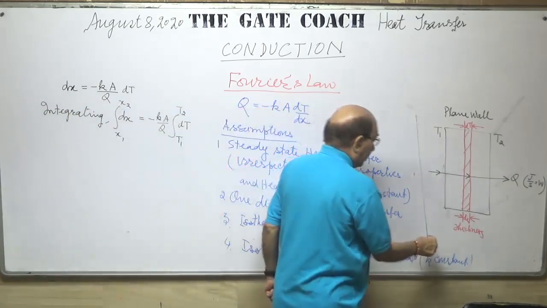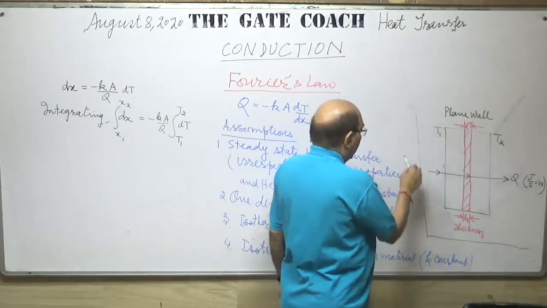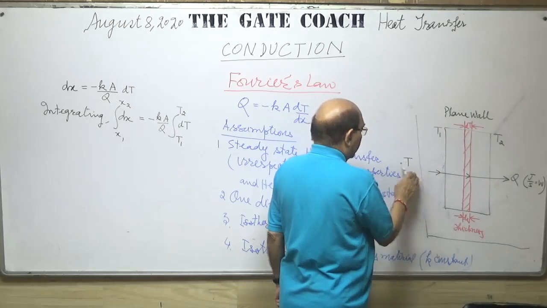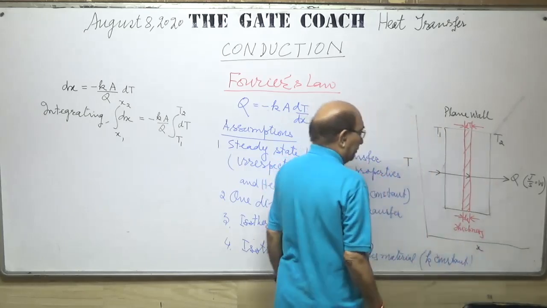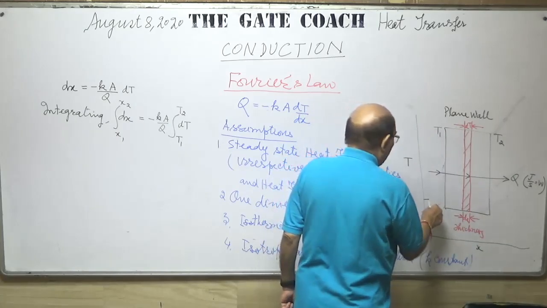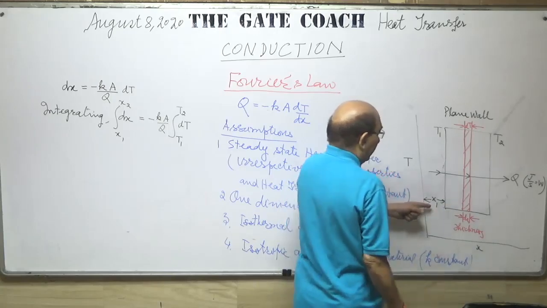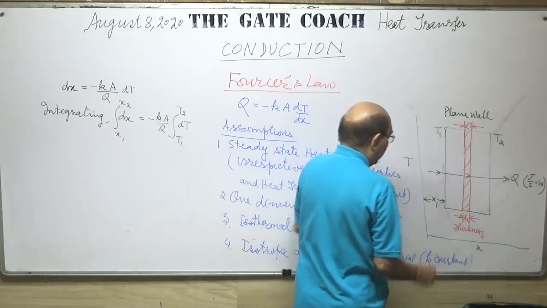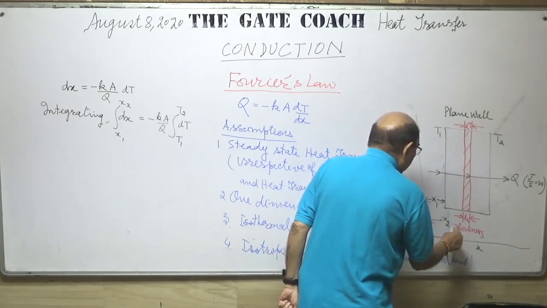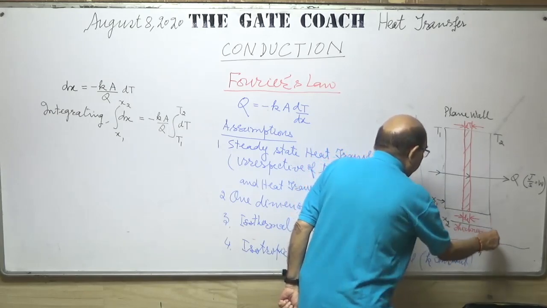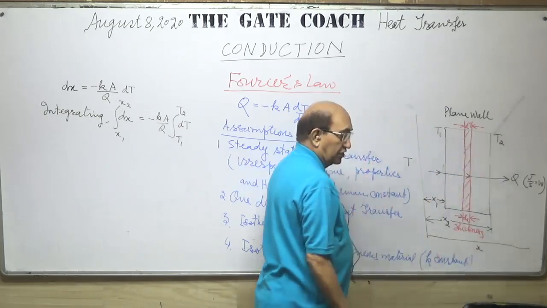That means if I take this as the system of coordinates representing temperature on this side and thickness x on this side, this surface is at a distance x1 when temperature is T1. The other surface is at a distance of x2 when the temperature is T2.